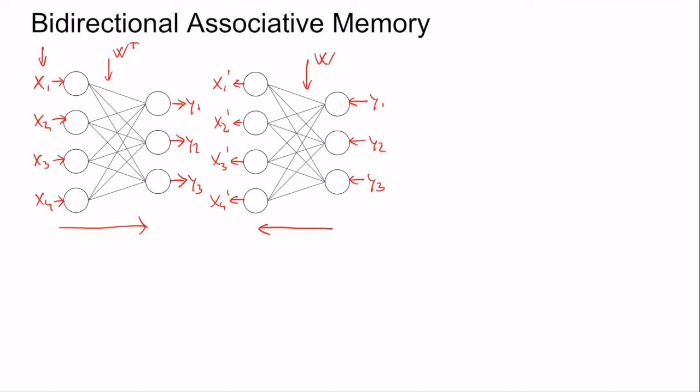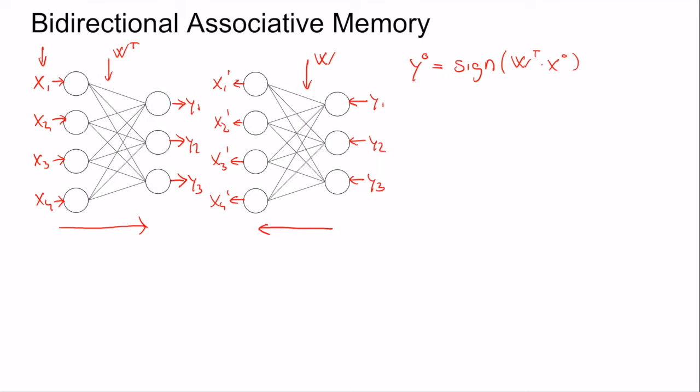So we have that y, the first step, y0, can be computed as the sine of W transpose times x0.